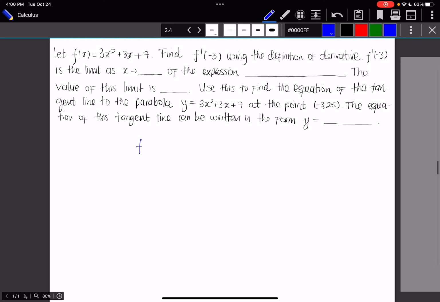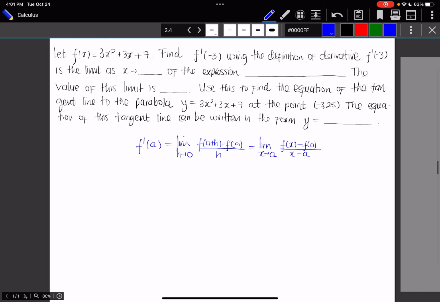One definition tells us that f prime of a, where a is a number, is the limit as h goes to 0 of f of a plus h minus f of a over h. Another equivalent definition tells us that f prime of a is the limit as x goes to a of f of x minus f of a over x minus a.